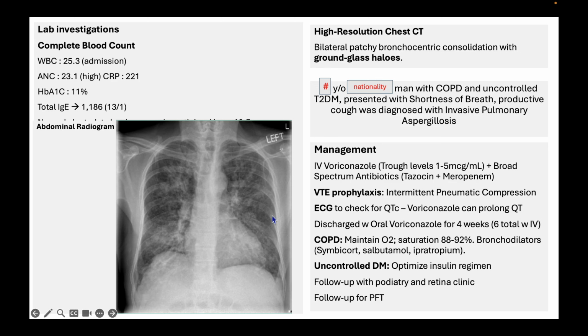And so obviously after you admit them, you do VTE prophylaxis for them. Any patient that gets admitted, you have to do VTE prophylaxis, because usually patients in the hospital are mostly lying in bed, and because of that immobility, clots can form in the legs or in random places, and then that can lead to even worse issues.